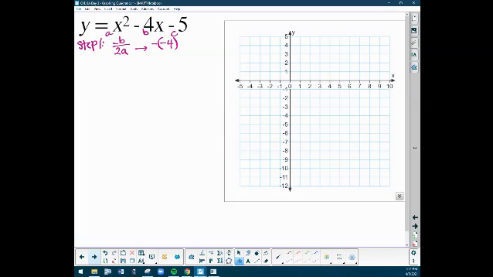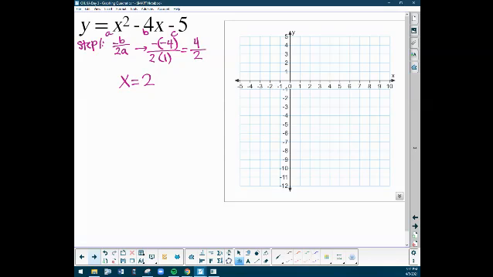So it's -(-4). That's why I substitute with parentheses, because it makes a difference when I have a negative. A value is 1. Okay, so -4 is going to become +4, all over 2 times 1, which is 2. 4 divided by 2 is 2. Okay, so this is my axis of symmetry.